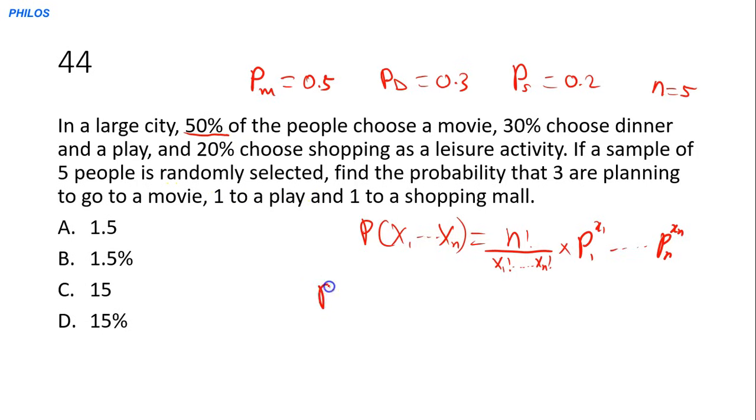So we want to find the probability that 3 are going to a movie, 1 to a play, and 1 to shopping.